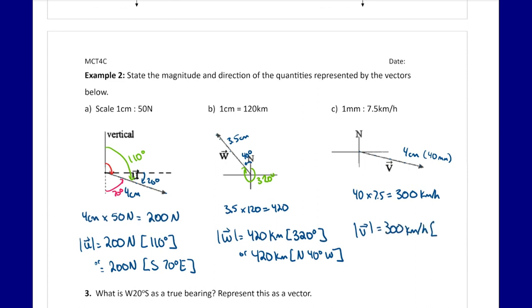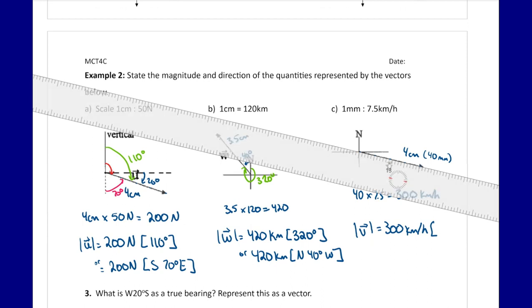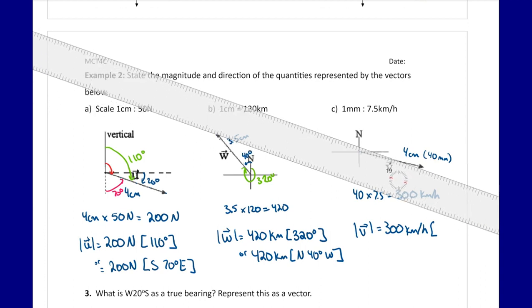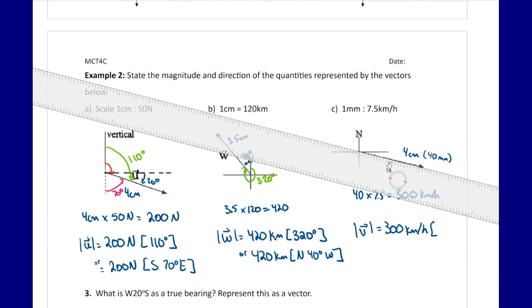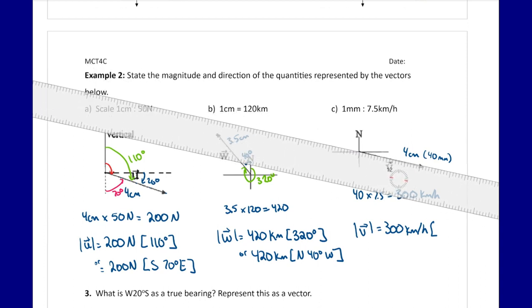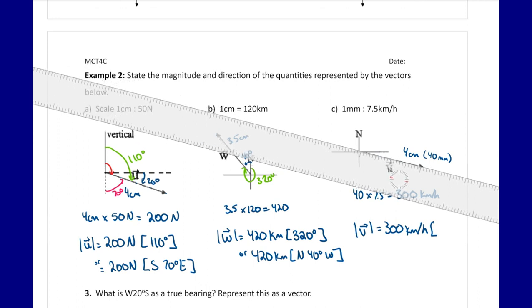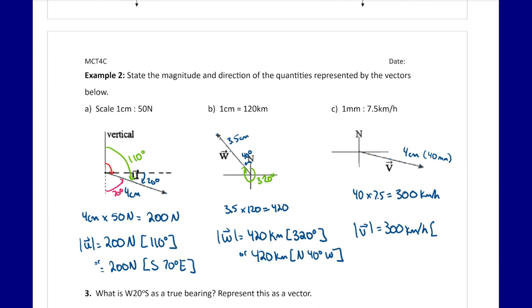And the direction, now we've got to go back and use our protractor. Looks like it's about 13 degrees, 13 to 15. I'm going to say 15 just to make it easier, just easier values. So 15 degrees. If I'm coming from north, though, that would be 90 plus 15, so 105.